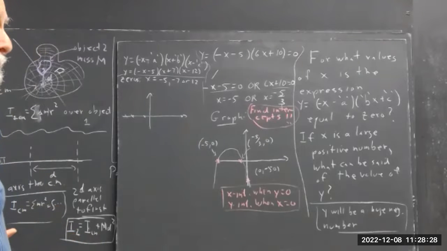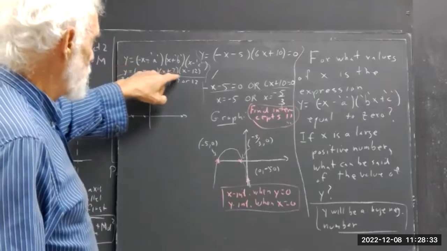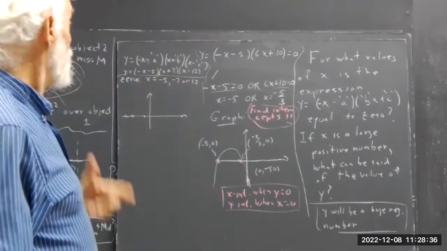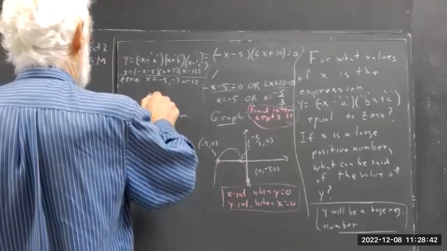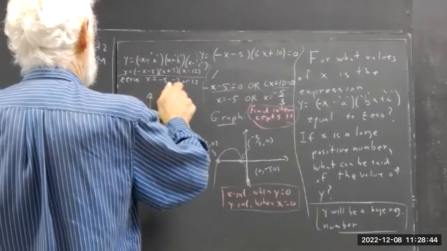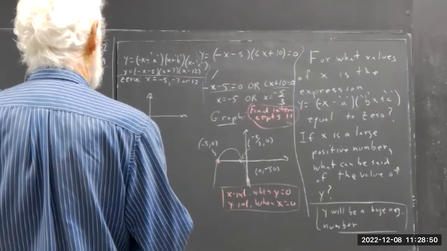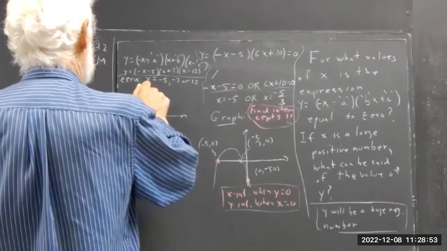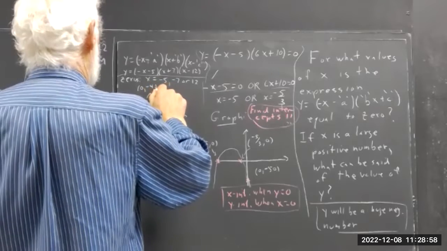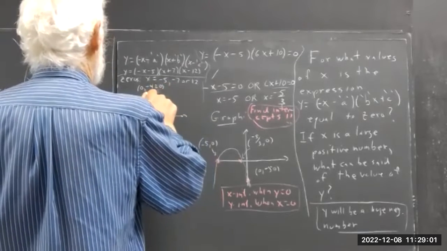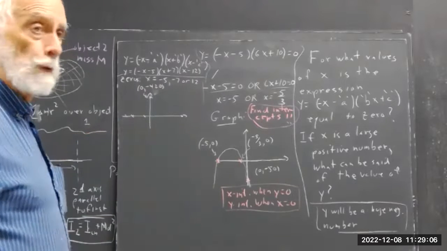What's the y-intercept? We plug in 0 for x, we get negative 5 times 7 times negative 12. That's 420. So the y-intercept is (0, 420). We've got to go through all these points.